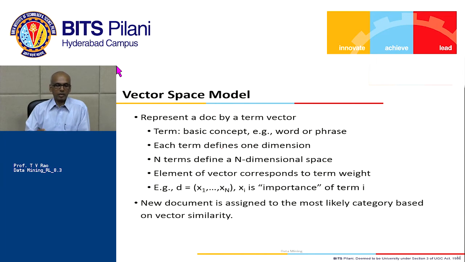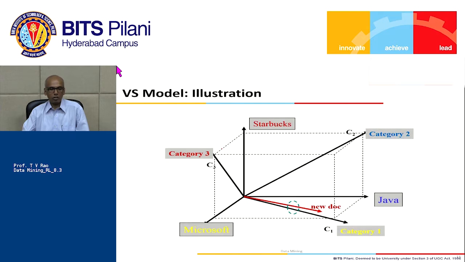So here we are representing the term vector. Each one of these terms may represent a dimension. So when there are n terms, it is representing n dimensions. Each of these terms can have a weightage associated with it, representing the importance of the term within the vector. And thereby we can find out the similarities between these documents.